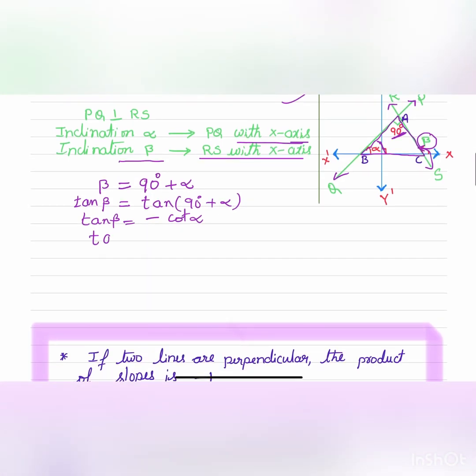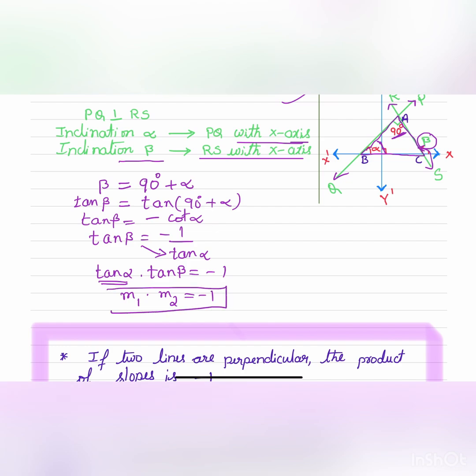Tan beta is equal to minus cot alpha, so tan beta will be equal to minus 1 by tan alpha. Let us cross multiply this: tan alpha into tan beta is equal to minus 1. We know that tan of the inclination is equal to m, so tan alpha is a slope, and tan beta is also a slope. Taking them as m1 and m2, m1 into m2 is equal to minus 1.